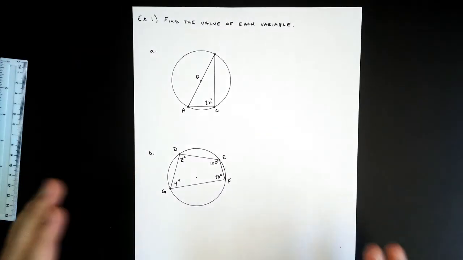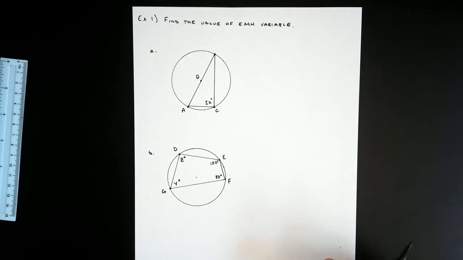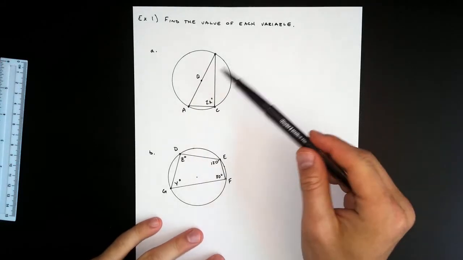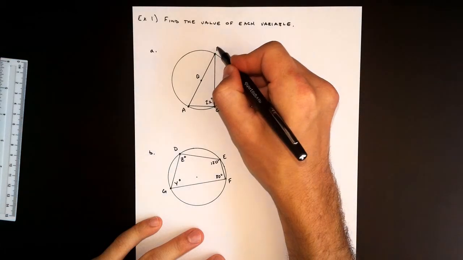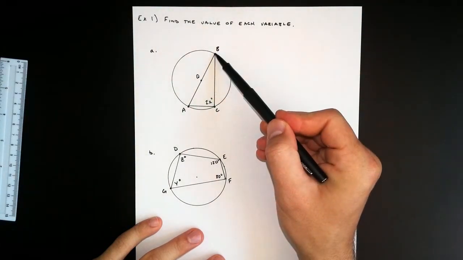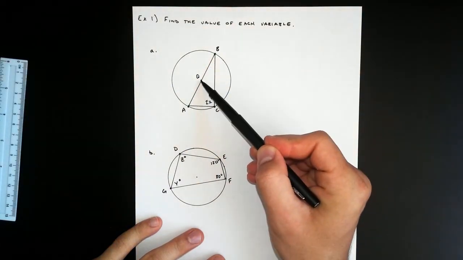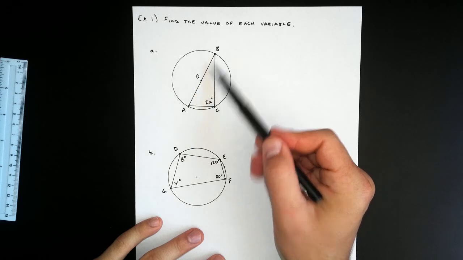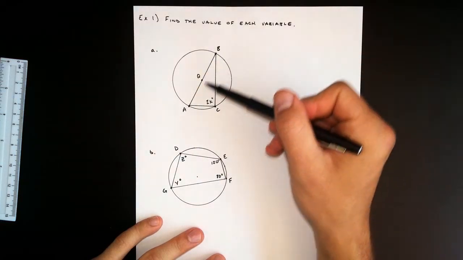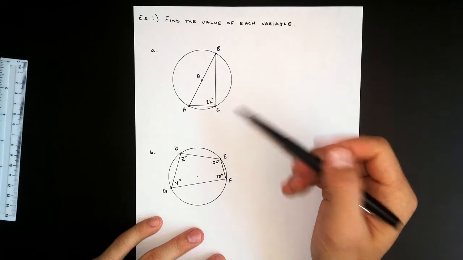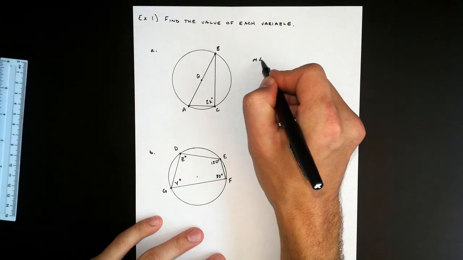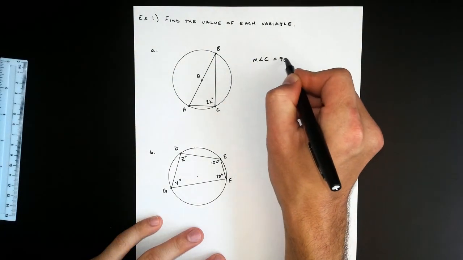So just real simple, I just want to find the value of each of these variables. Okay, so looking at letter A, we have this segment AB. It's going through the center, so I know that's a diameter, which means that this triangle has to be a right triangle. So that means the measure of angle C has to be 90.